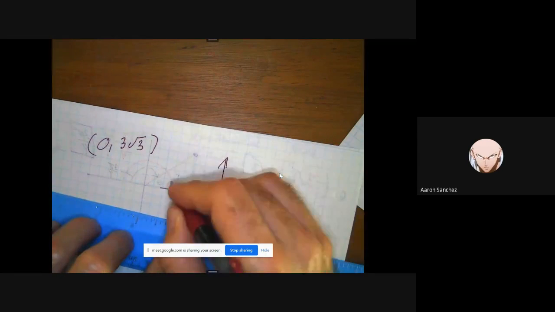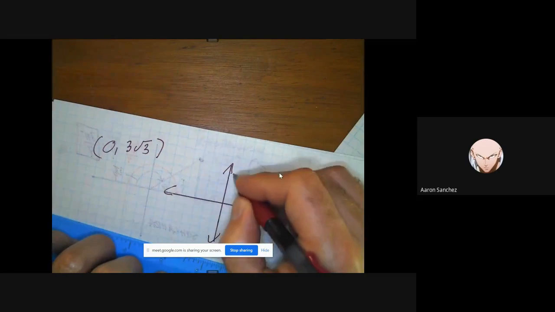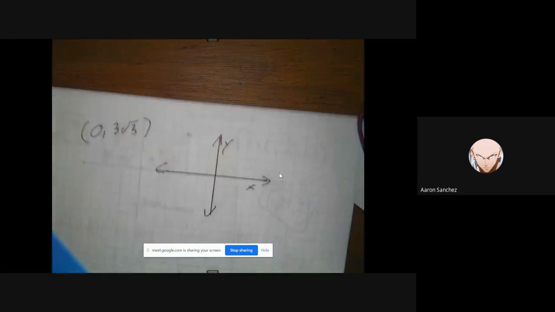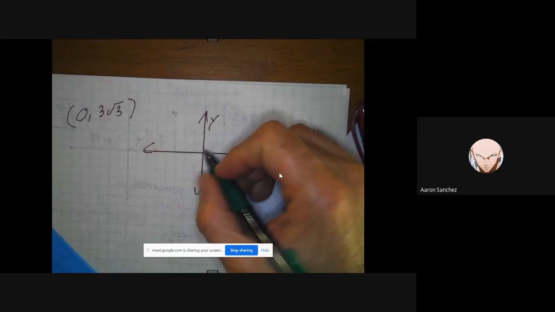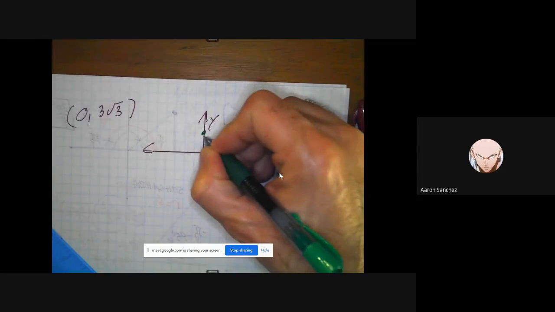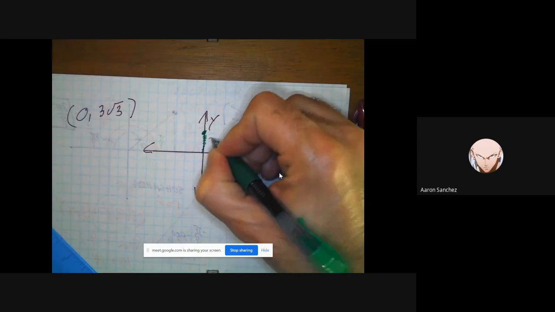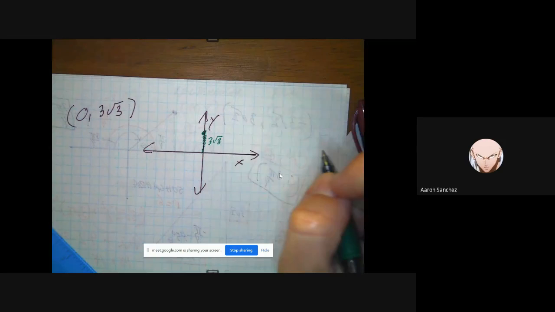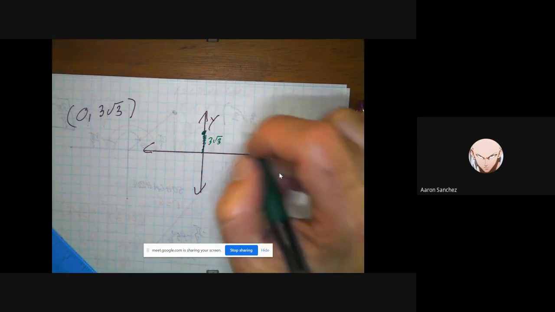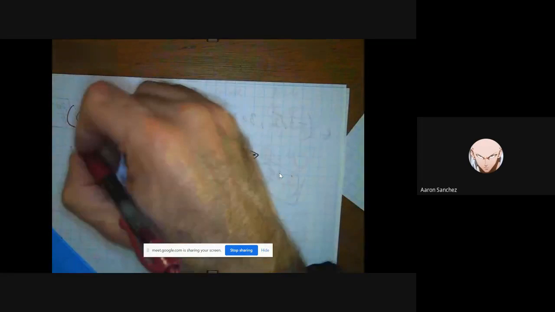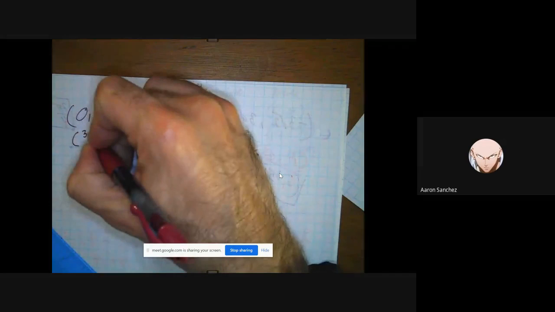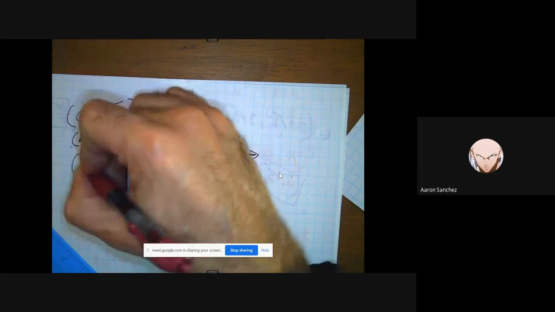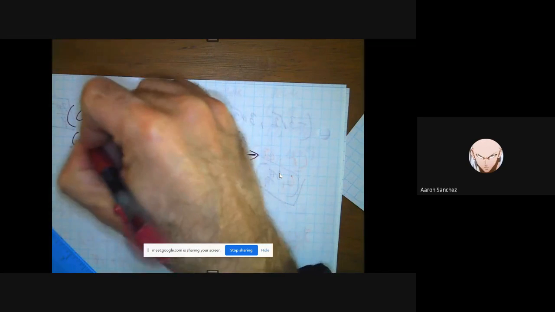So x is 0, y is 3 root 3. That means up here, we go 3 root 3. You can see this is the radius. It shows you the length of the radius right there. That's pretty straightforward. So the radius is 3 root 3.